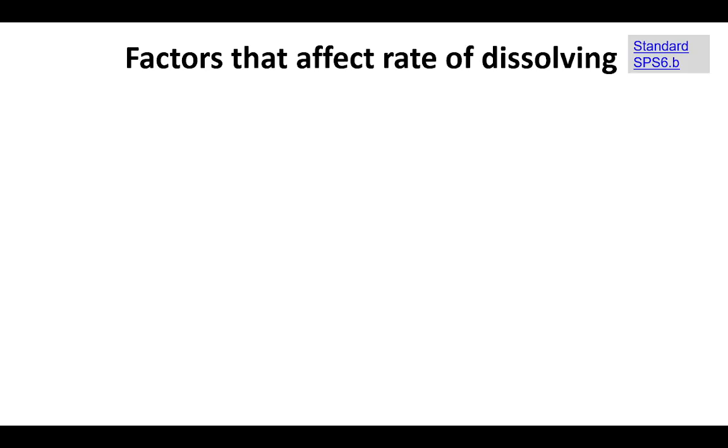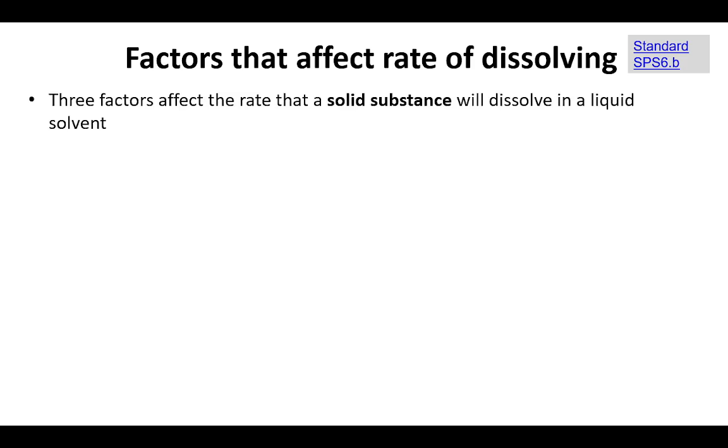There are different factors depending on what we are dissolving to make that solution. Now, there are three things that will affect how quickly a solid will dissolve in a liquid. So when you're looking at solids, the three major factors are agitation, temperature, and particle size. Those three things can affect how quickly it will dissolve.